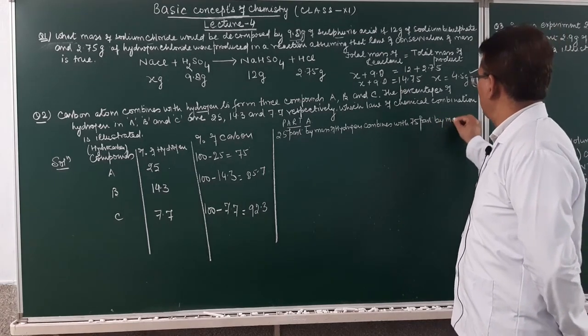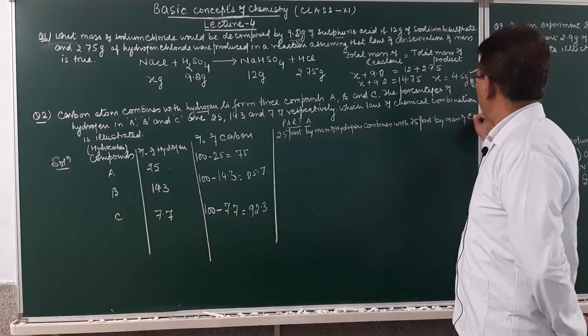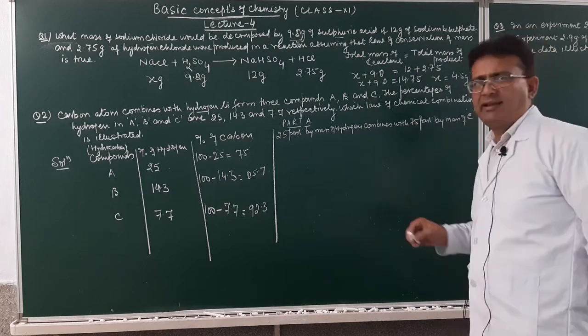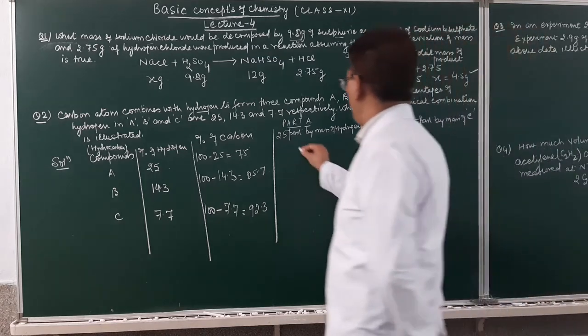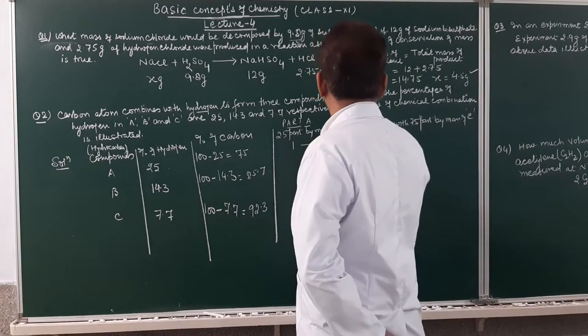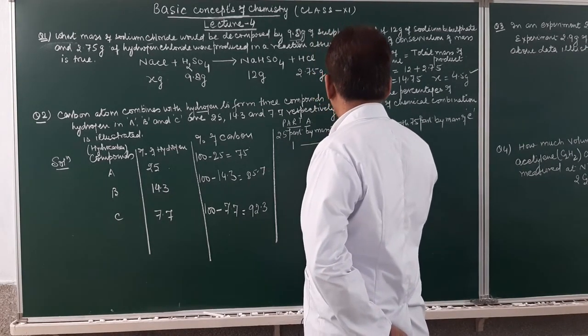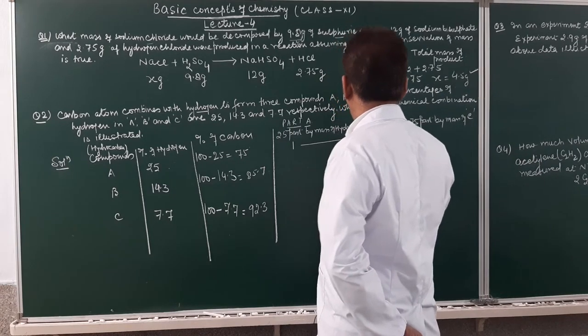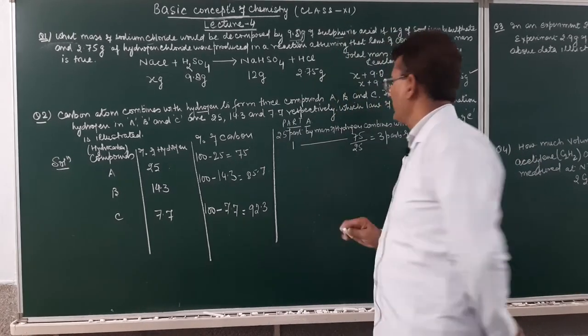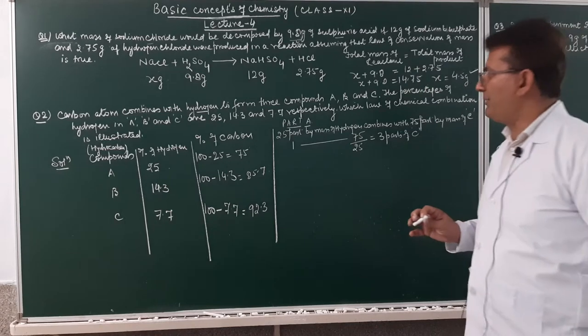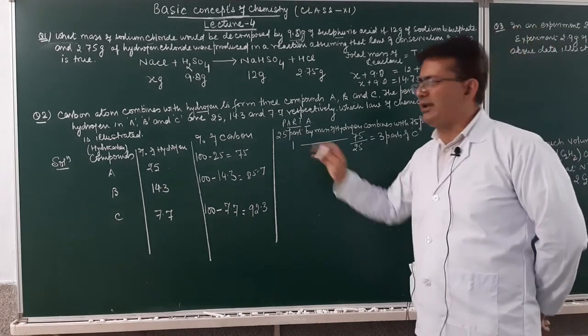If I fix the mass of hydrogen as 1, it will be 75 divided by 25, which comes to 3 parts of carbon. Is it clear? Remember, what mass of hydrogen have I fixed over here?